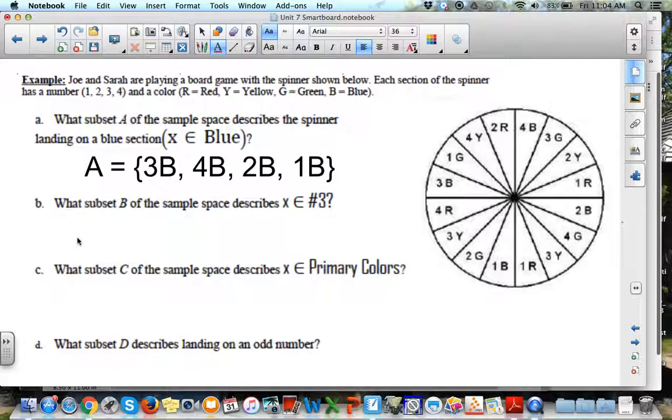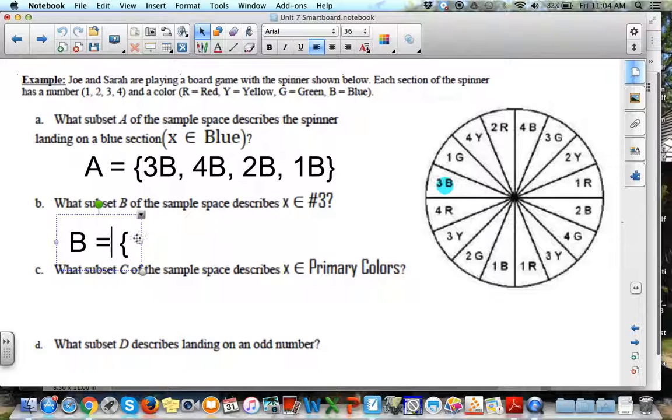Okay, so subset B. Subsets use curly brackets. And this time we're looking for any element that has a number 3 with it. So if we start back over here with this 3B, I'm going to highlight that so we know where we're starting. This is our starting point every single time. So we've got 3B. It's got a 3 in it. So we're going to keep on going around looking for 3s.